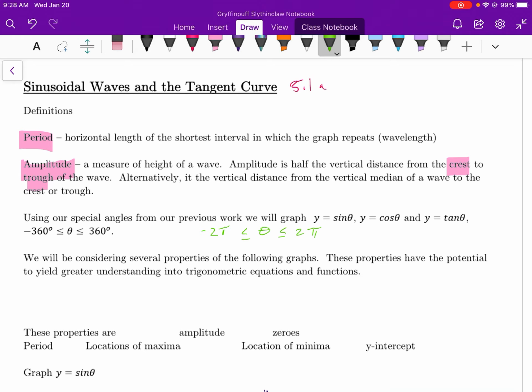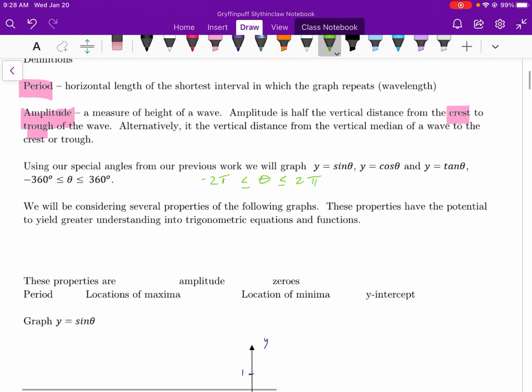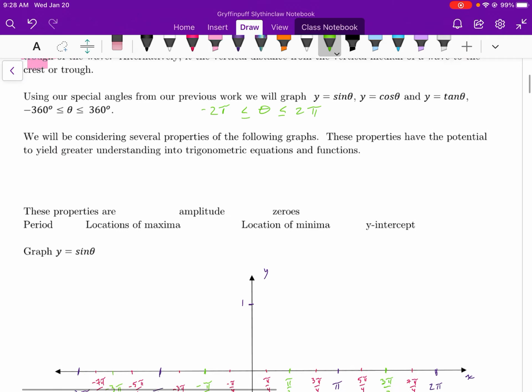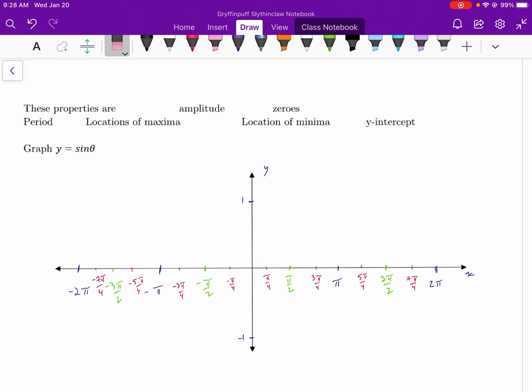We haven't made a graph yet, but these properties are going to help us understand periodic functions, which are incredibly important in physics. We're going to talk about amplitude, the zeros, the period, the locations of the maxima, the locations of the minima, and the y-intercept. We are just going to start off by graphing y equals sine theta.